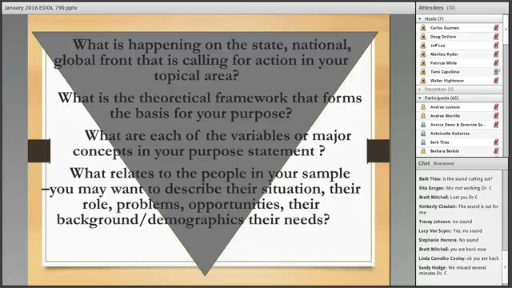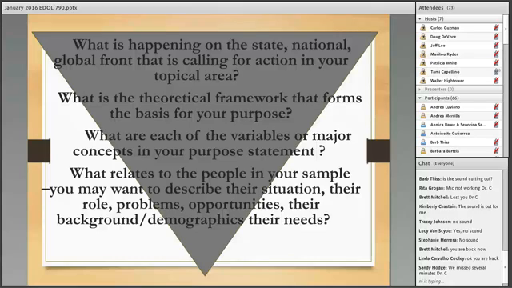Again, funneling starts from the very large, broad perspective, and then you're going to slowly narrow it down. The funnel really does start at your introduction, and so you're funneling throughout your introduction. You're also funneling in your background and your problem statement.